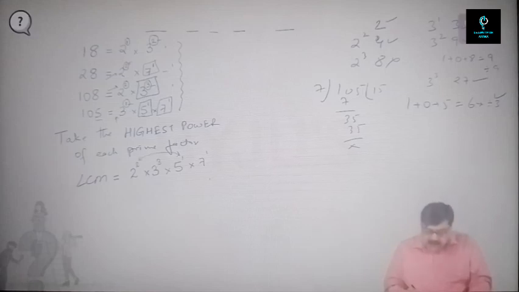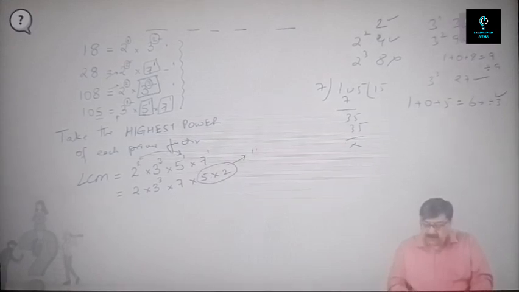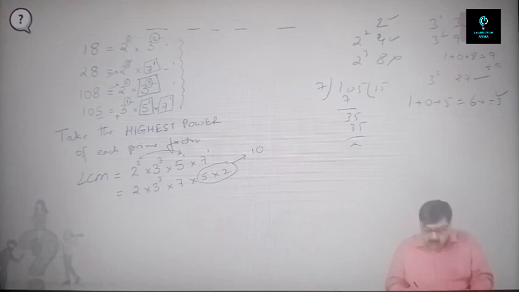Now as I told you, combine single 2 with single 5 and rewrite this as 2 into 3 cube into 7 into 5 into 2. Now 5 into 2 we have separated because this amounts to 10. Now whatever is the result obtained by multiplying 2 with 3 cube and 7, we will just put 0 ahead of that.